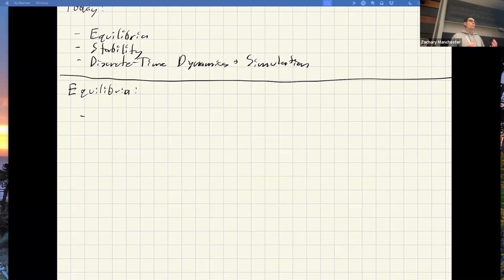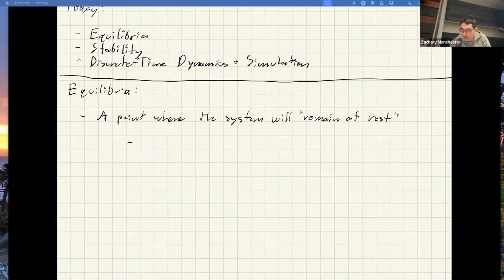Yeah, so it's basically a point at which the system is at rest, where it's not going to move, right? Makes sense? And so mathematically speaking, we'll write that down quick: a point where the system will remain at rest.